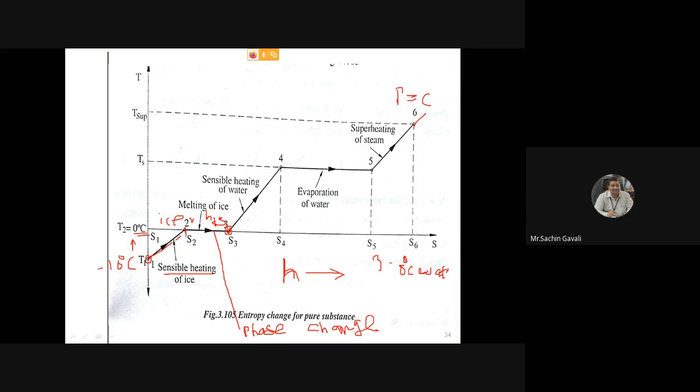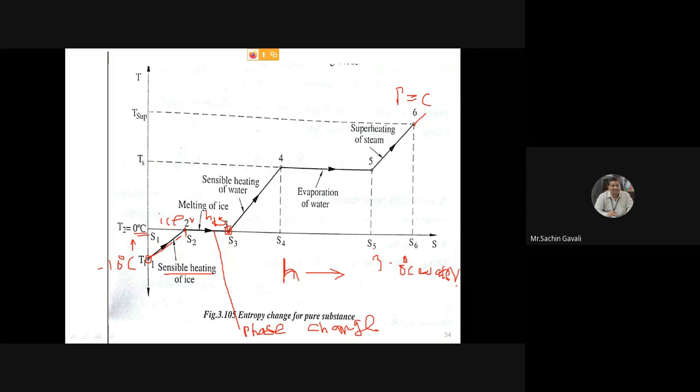Any substance in liquid form we can call water. So at point 3, we have 0 degree Celsius water.